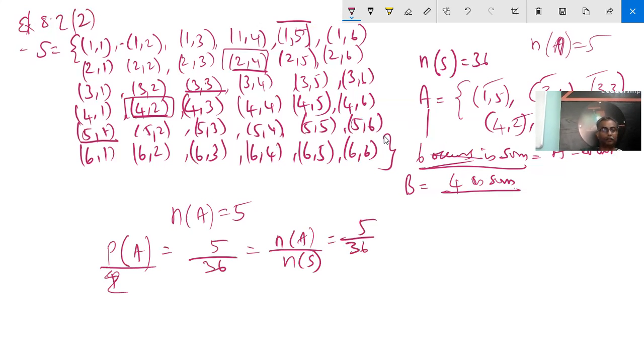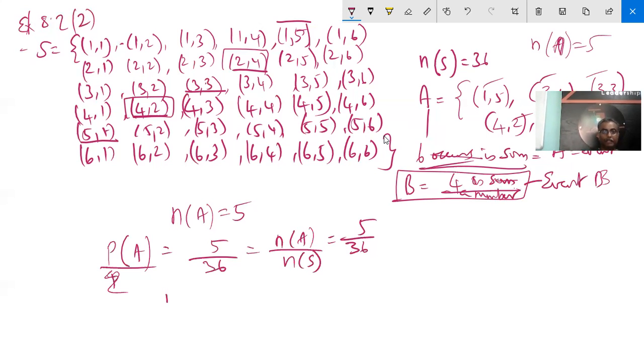Now this is event B: 4 is a number inside that. Now we are going to apply the conditional probability.